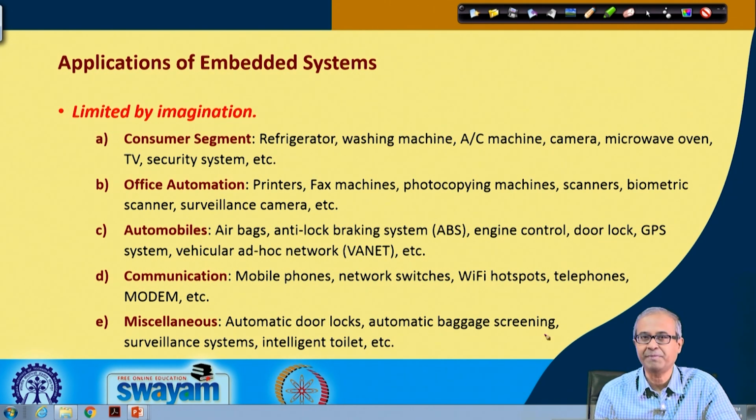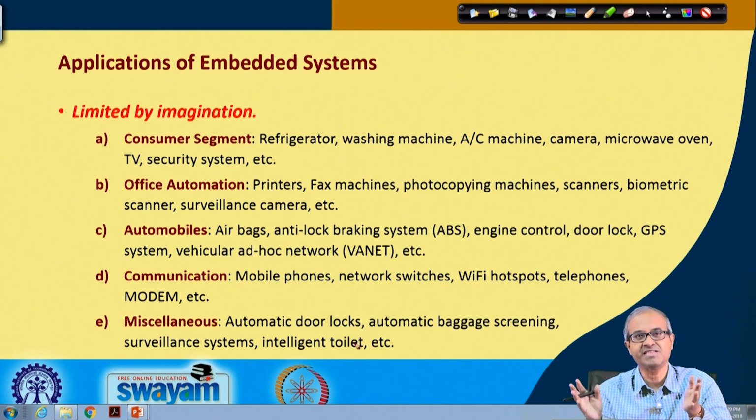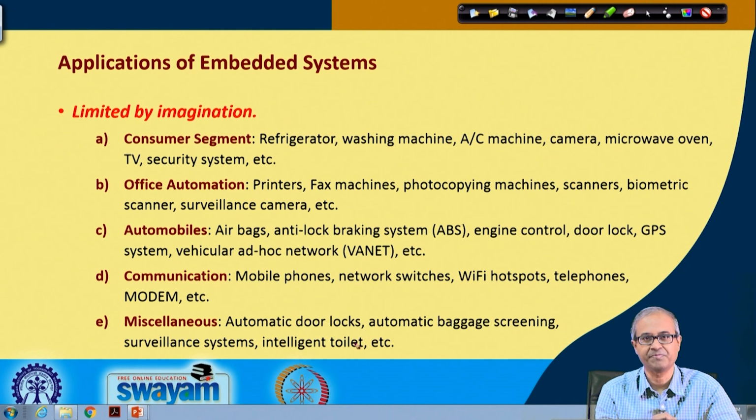Here, automatic baggage screening in airports and railway stations, surveillance systems. Well, in some places you can see intelligent toilets, where there are embedded systems inside toilets also, which can respond to users' needs automatically. These are all examples of embedded systems.